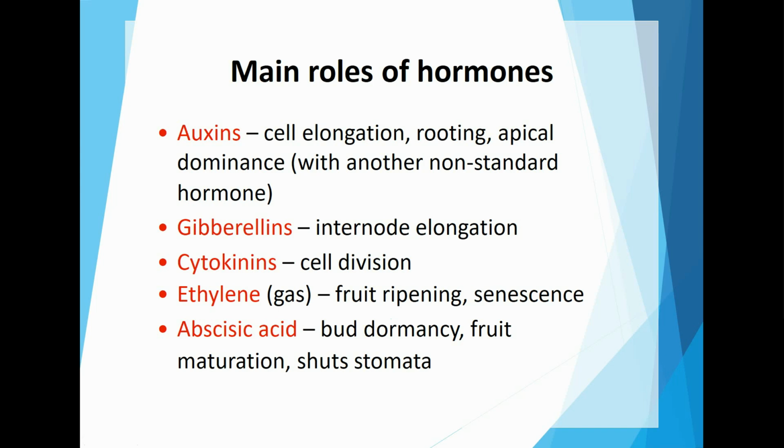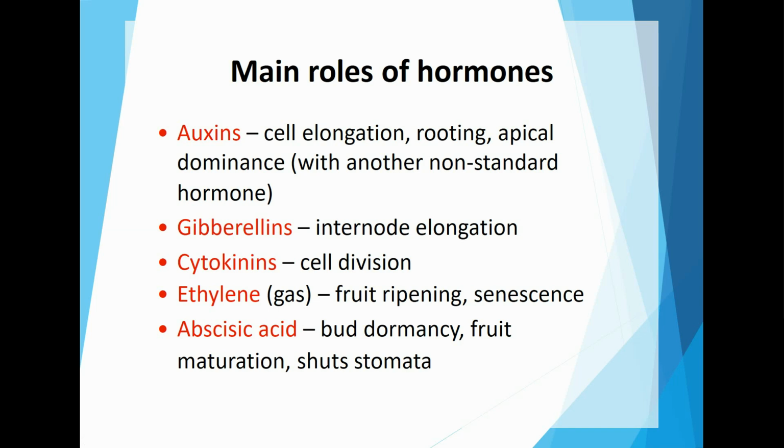Ethylene is also a very important hormone involved in senescence, which we will get to, because remember, senescence is programmed cell death, drawing in the nutrients from that leaf cell, and then when the leaf gets old, ethylene is released so that it falls off of the plant. Also in fruit ripening, it is very important.